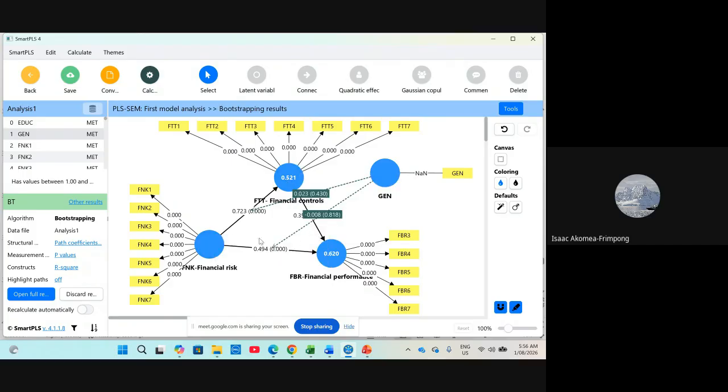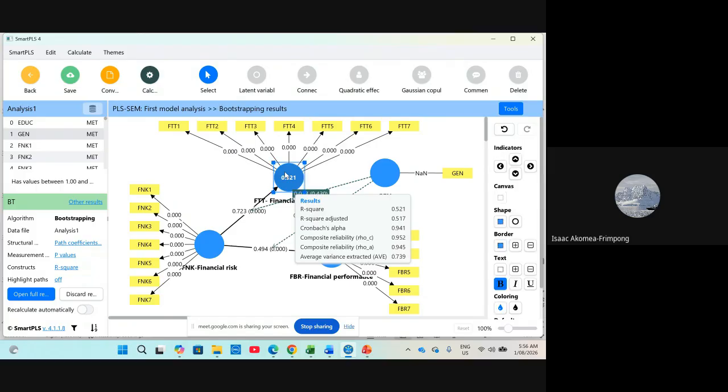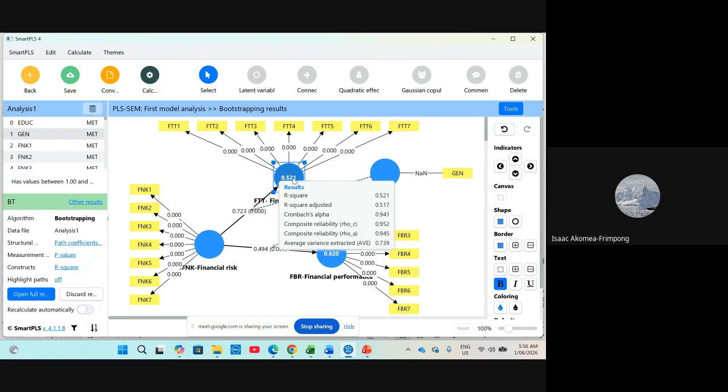So in this context, if somebody wants to move from financial risk to financial performance, and the person decides to take this route, this path, the person has to move here, come here, and then finally arrive at the destination. So the financial controls become the mediator, because the person has to move here and then come here. So this is the mediator.